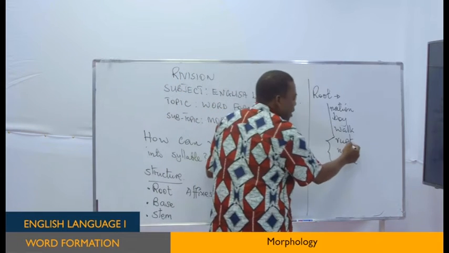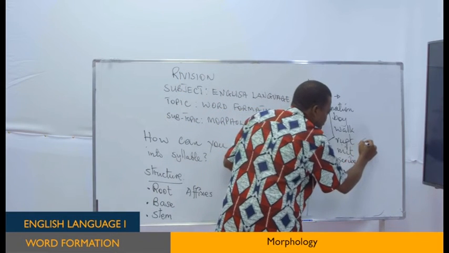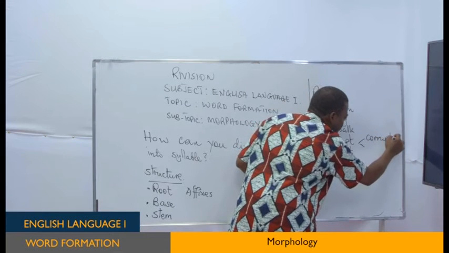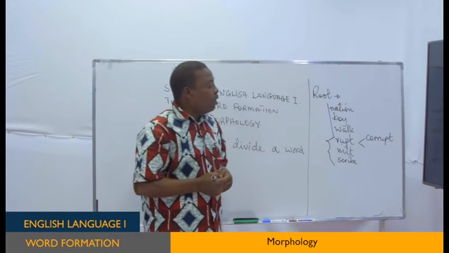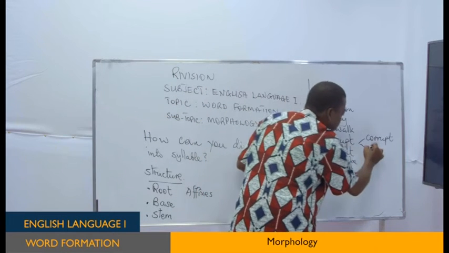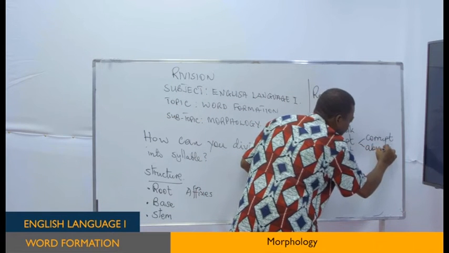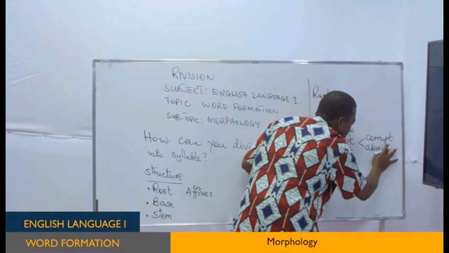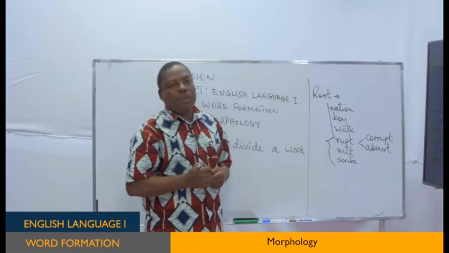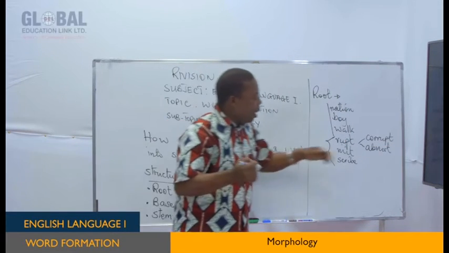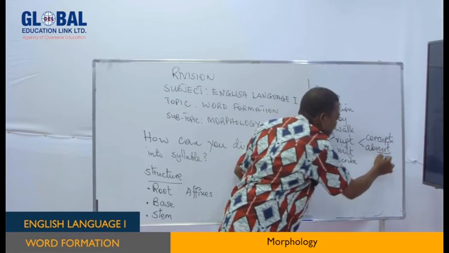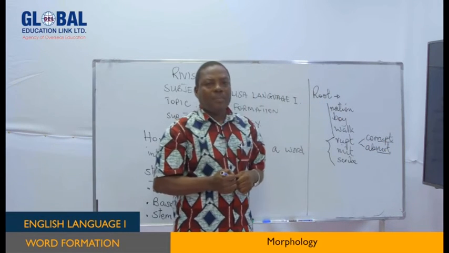If you think about this root, you can have a base formed from that root being corrupt. And you can have another base which is formed by the same root called abrupt. So corrupt and abrupt share the same element.